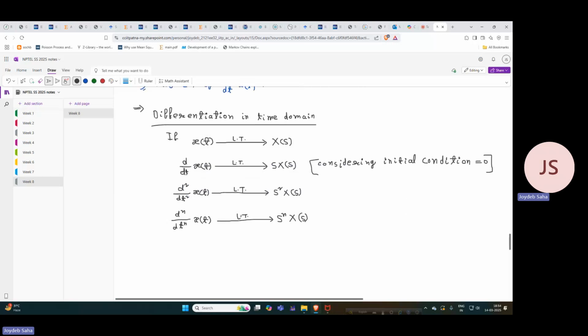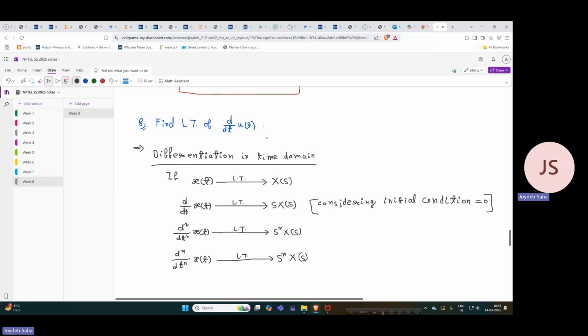So using this property, please try to solve this problem first. You take 2-3 minutes and try to solve. Then I will solve it for you.